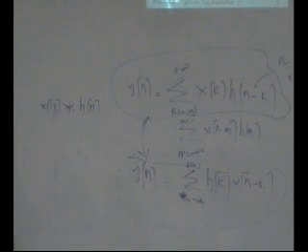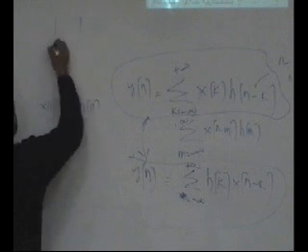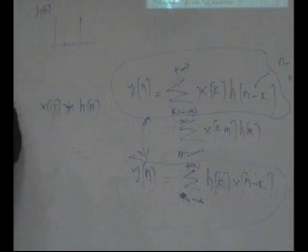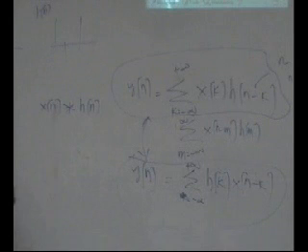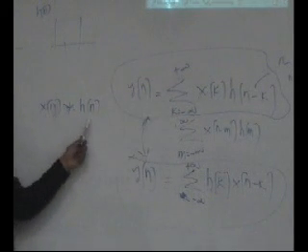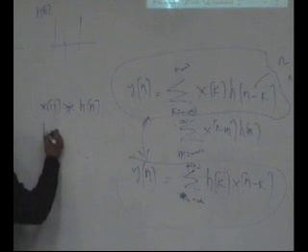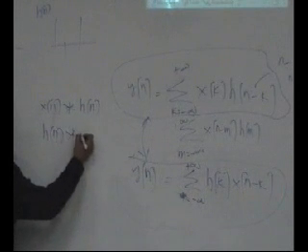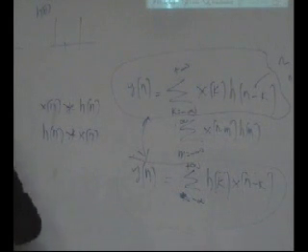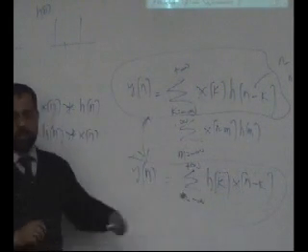We did an example: system h of n is this, and x of n is, let's say, this. What is the output? What if I bring this on this side, this on the other side? You'll get the same answer. Both are signals, right? Whether you convolve this with this or h of n with x of n, you are going to get the same answer. Mathematically both are equivalent.